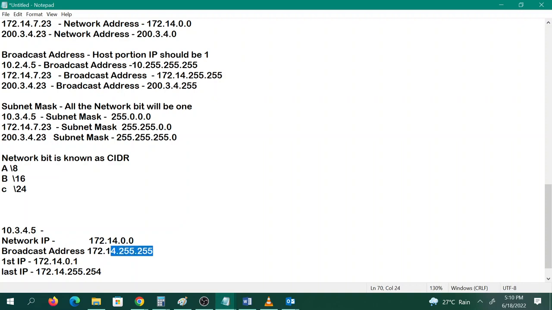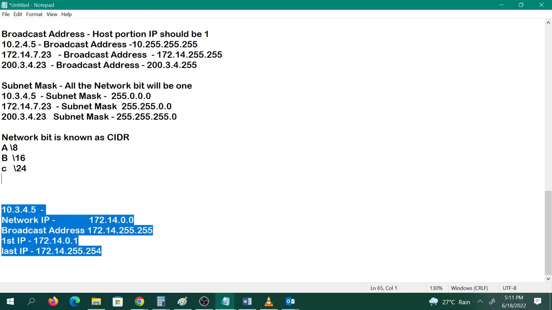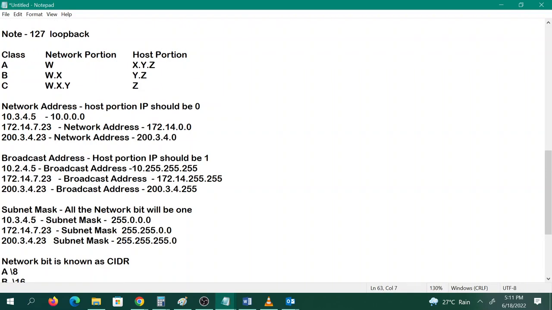It is one less than the broadcast IP, so the last IP will be 254. Same way we can calculate the usable IPs for the other classes.